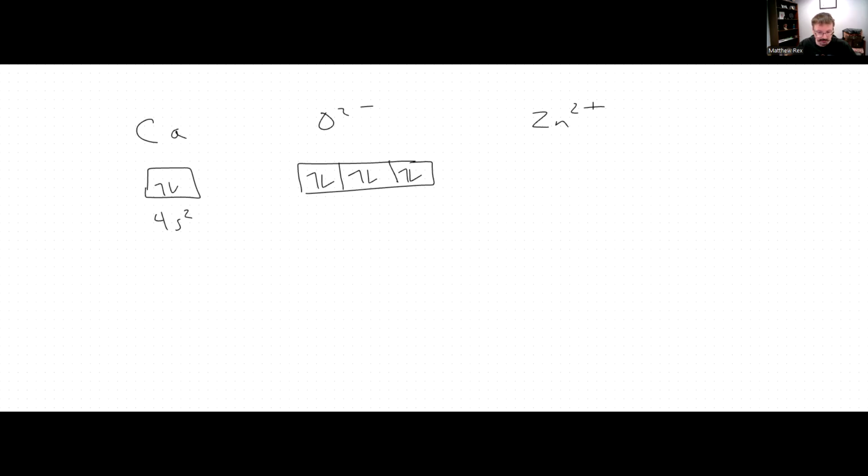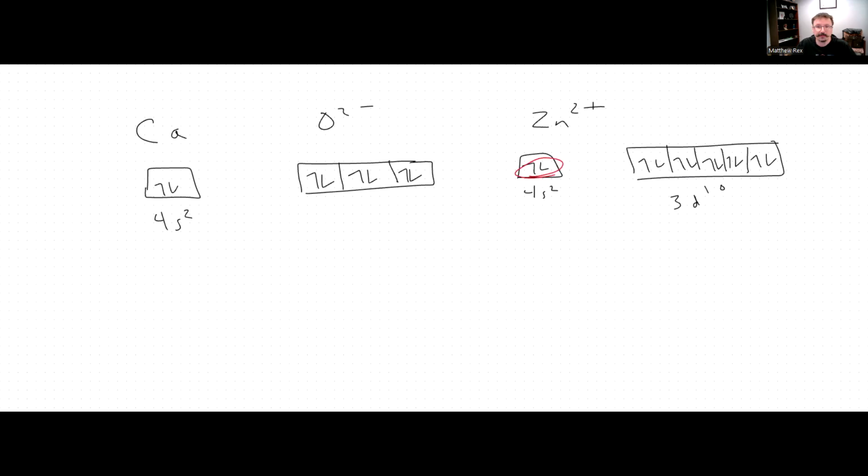So we would have 4s2, 3d10, and it's 2 plus, so it's losing 2 electrons, but where it's going to lose them from first is going to be right here.